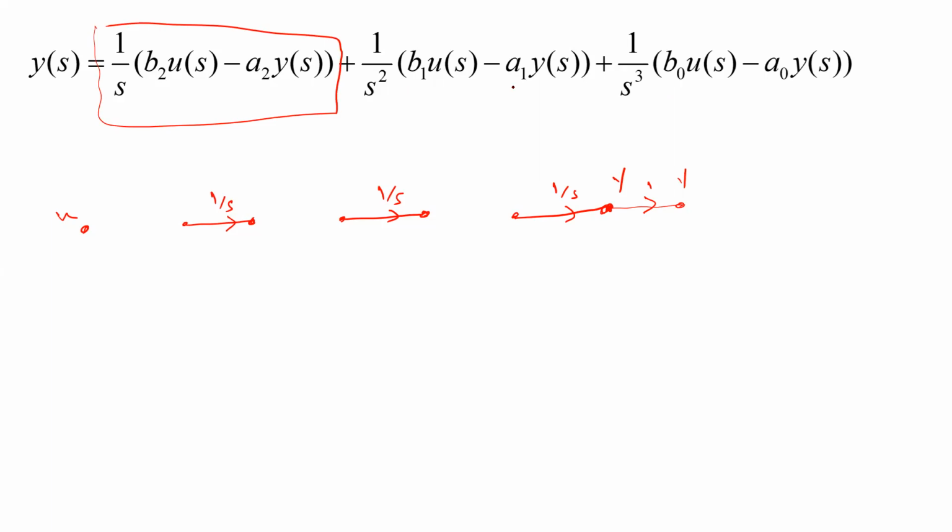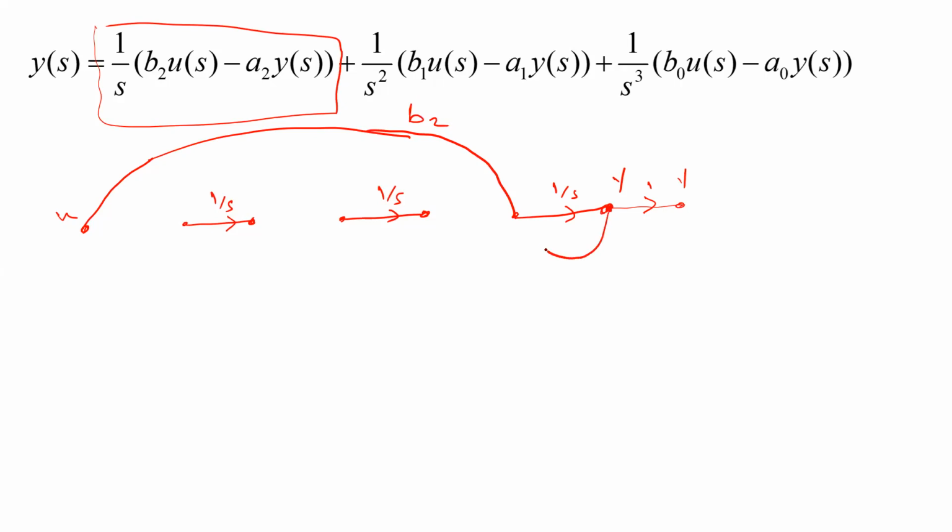I'm assuming B1, A1, B0, A0 equal to 0. We start, for example, with the first term here, minus A2 feedback. So it's going to be B2 times U to the point before the integrator. This is B2.